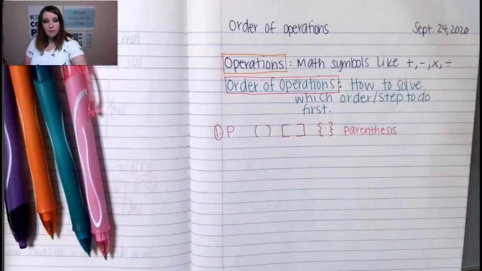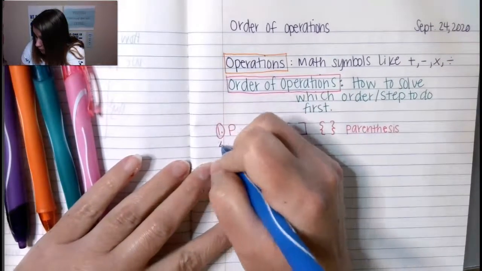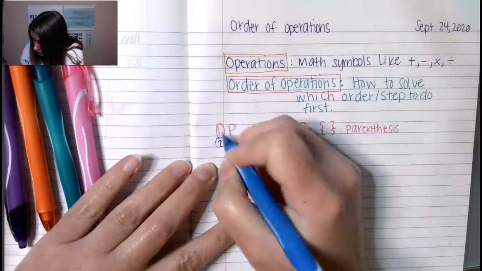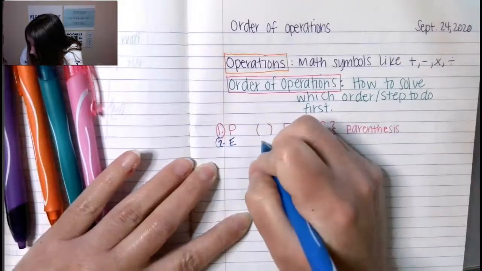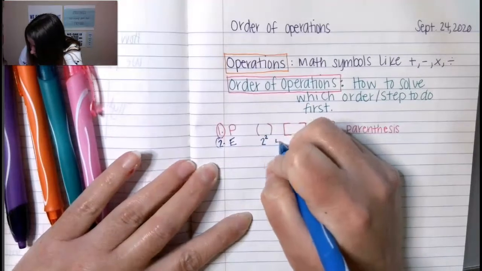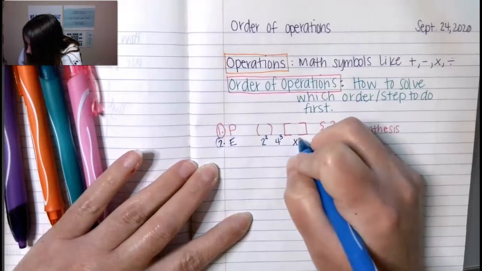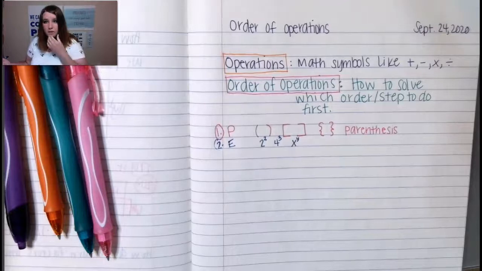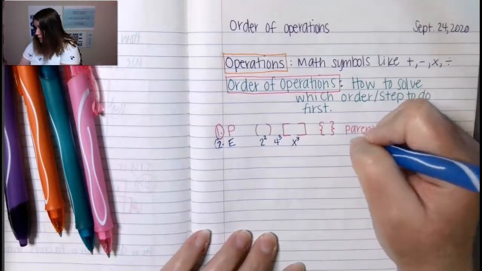Then you have step number two. Okay, so step number two is your E, and this is your exponents. So these are things like 2 to the power of 2, or 4 to the power of 3, or I'm going to use an x to the power of y, because maybe we don't know. Okay, so these are exponents.